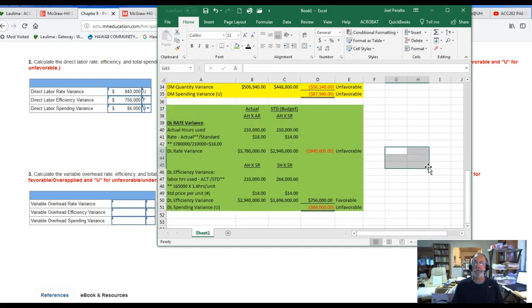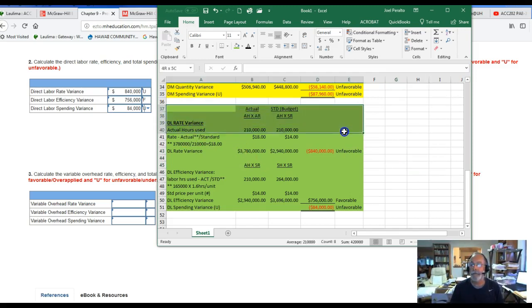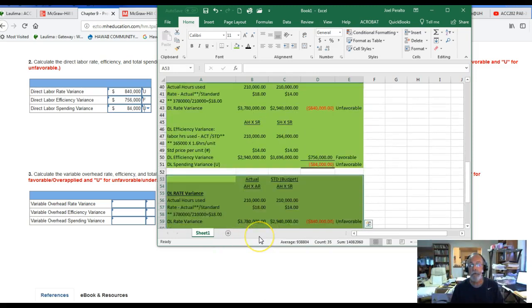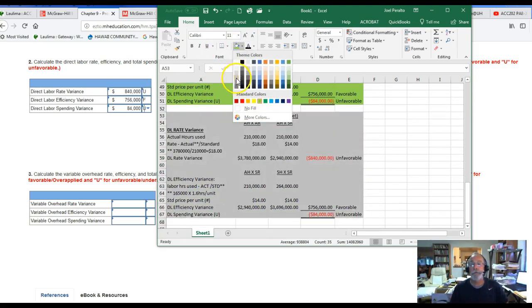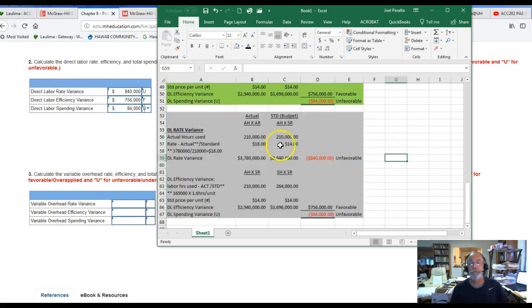Okay, so we'll show the overhead in gray. How's that? Make a copy of labor, move it down, and change the color to gray. How's that? Okay. So we are working in overhead rate.